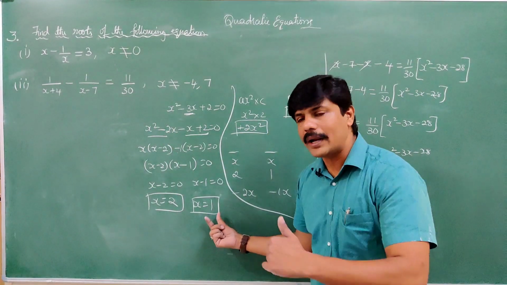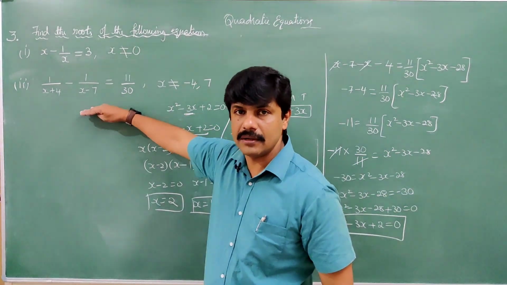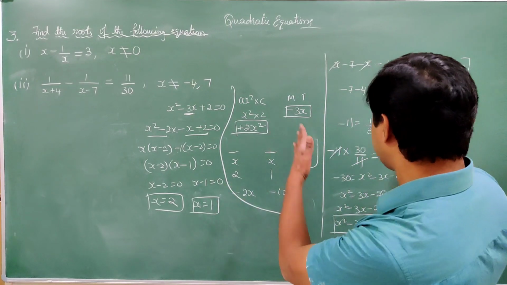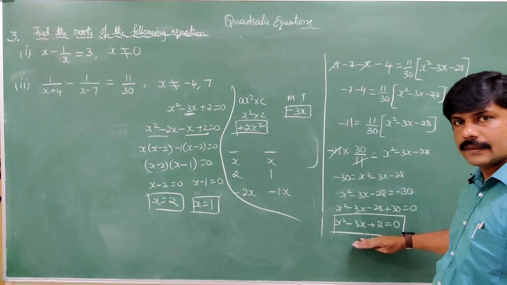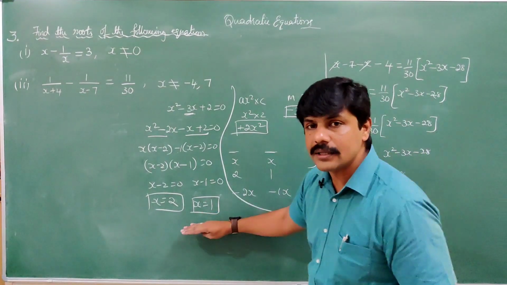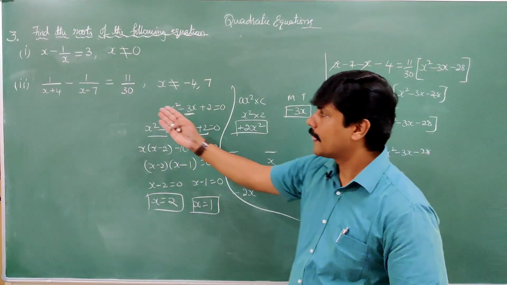2 and 1, or 1 and 2, are the roots of this particular quadratic equation. How did you get this? By simplifying.